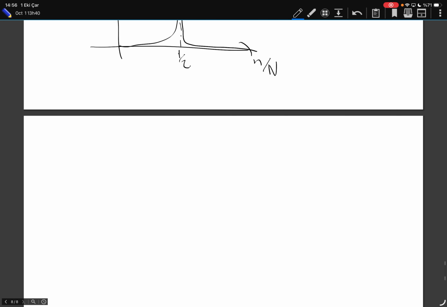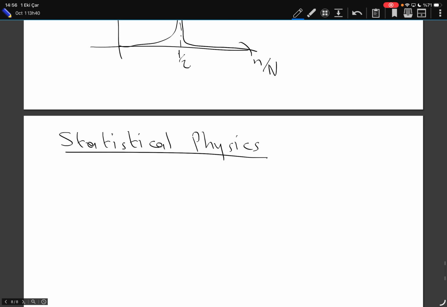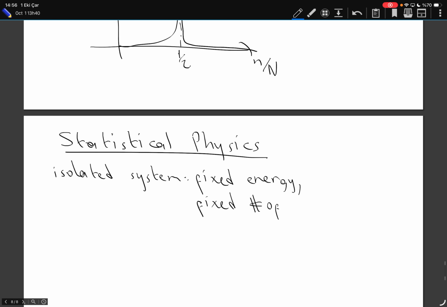Okay, finally, let's start with our statistical discussions. Let's start with a simple system, an isolated system, which means fixed energy, fixed number of particles, and fixed volume.